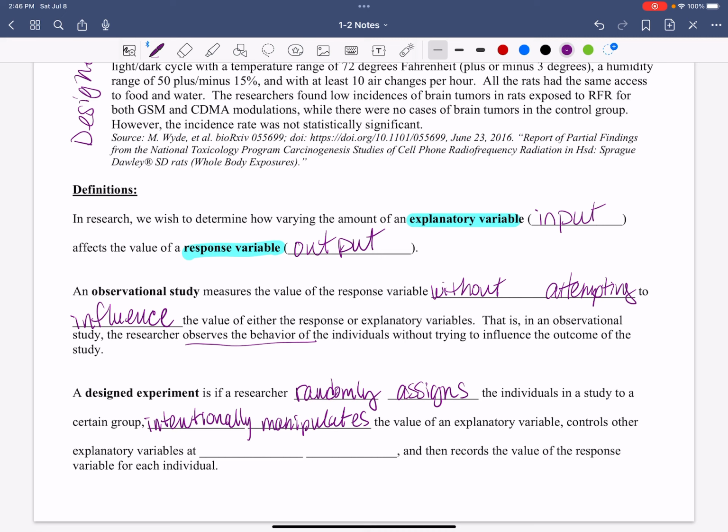So intentionally manipulates the value of the explanatory variable and controls other explanatory variables at fixed values.